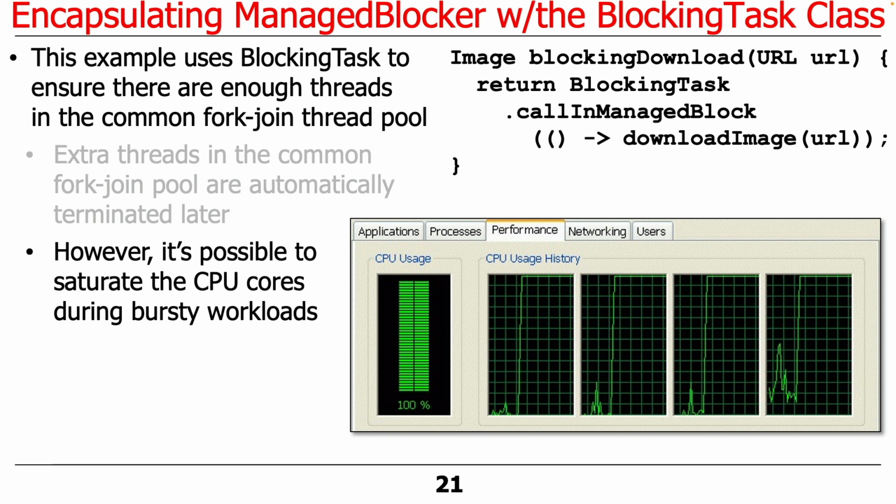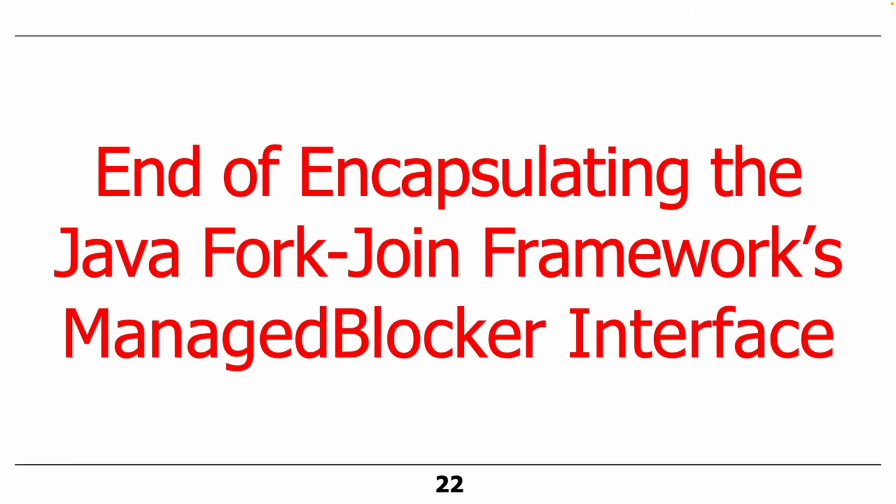Now, having said that, 256 platform threads is not too bad. Most modern operating systems and most modern hardware will handle that very nicely without even breaking a sweat. But just be aware that you can cause more CPU overhead by having lots of those threads running around. OK, so that is the end of how we encapsulate the Java Fork Join Framework's ManageBlocker interface.